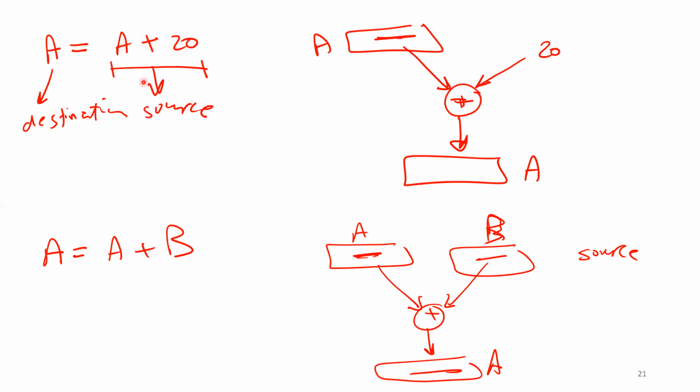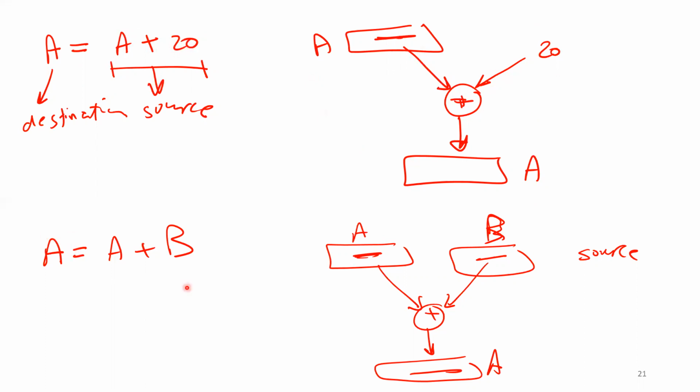I'm going to get one number from register A, as you see here, guys. So this is the source of your data. Here, this is a constant value 20. So I'm going to get the number 20. I'm also going to add the content of register A, and then the destination will be A. Is that okay? So where are the operands here? I have two operands here. One is a register, the other one is an immediate constant value.